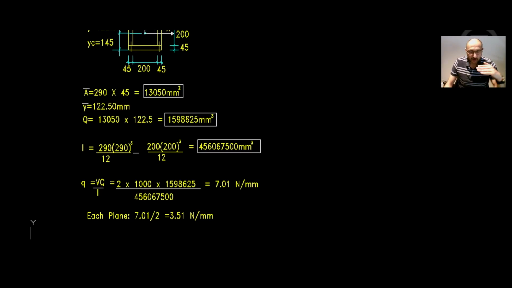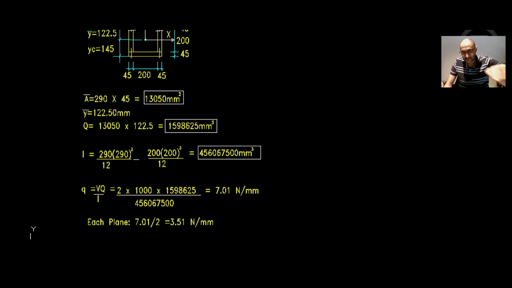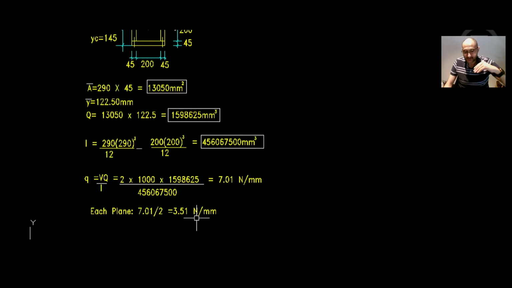So that means we have 7.01 Newton per millimeter shearing through the fixings right through the beam. So that means each plane will take half of it. So 7.01 divided by 2, that will be 3.51 Newton per millimeter.